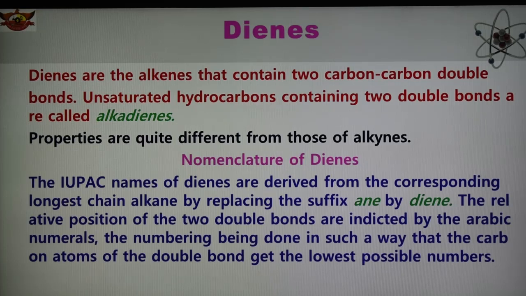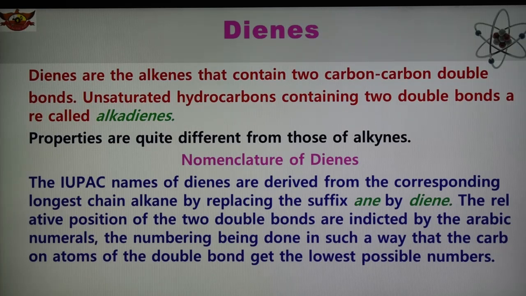In case of nomenclature of dienes, generally two methods are there, but in case of the IUPAC name, dienes are obtained from the corresponding longest chain of alkane, by replacing the suffix ane of alkane by diene, so alkane becomes alkadiene. The relative positions of the two double bonds are indicated by the Arabic numerals 1, 2, 3 and so on.